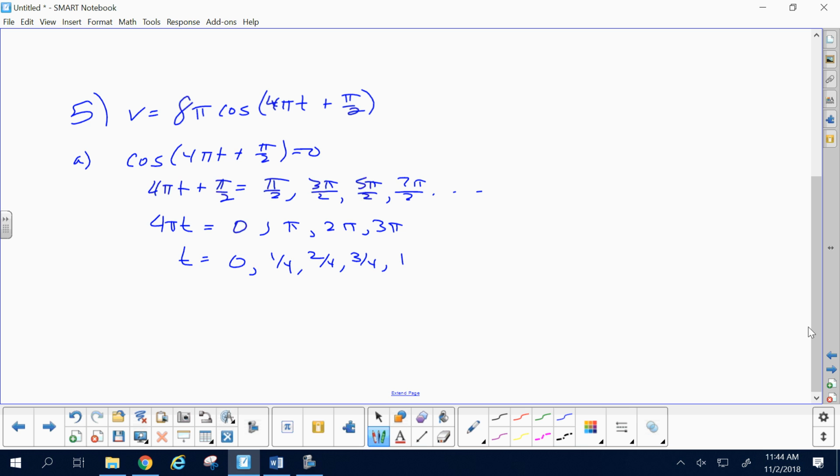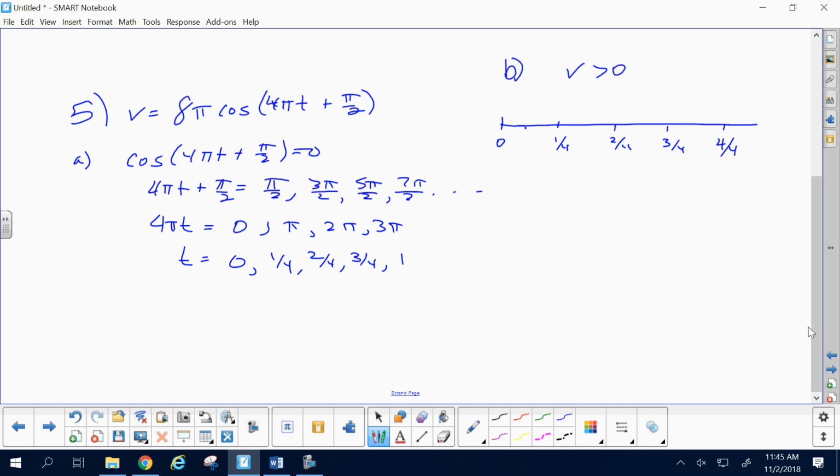Now, part B says distance in the positive direction. So I need to first find when V is positive. You can imagine the graph of the V function if you like. I just thought 1/8 in the first interval. If I go 1/8, 4 pi over 8 is pi over 2.